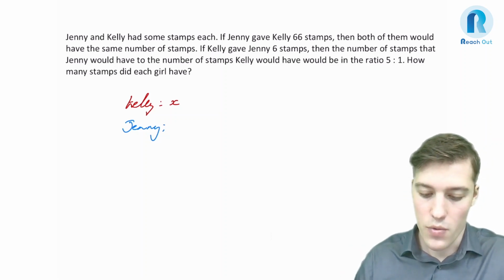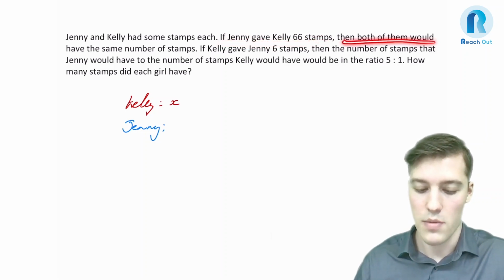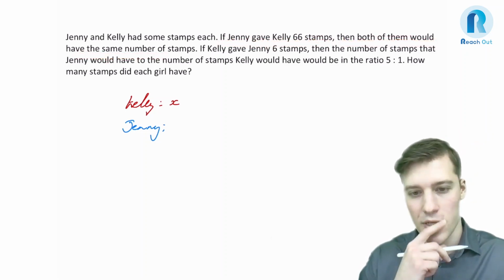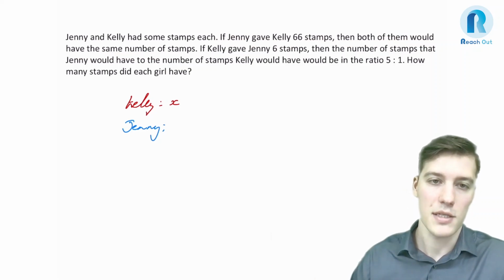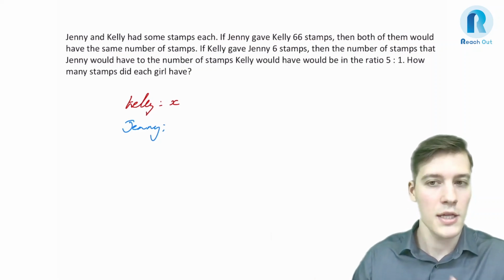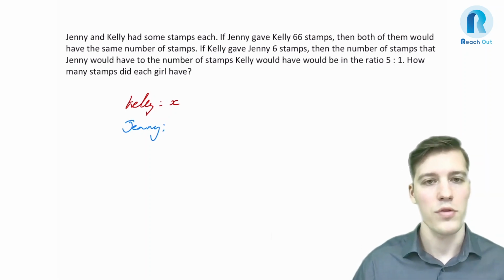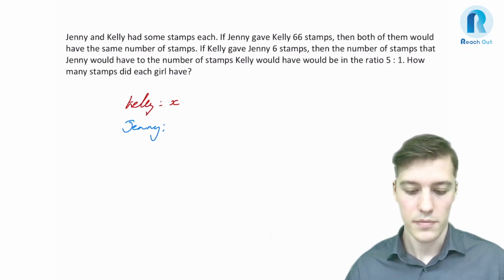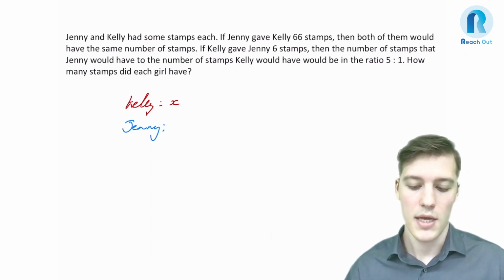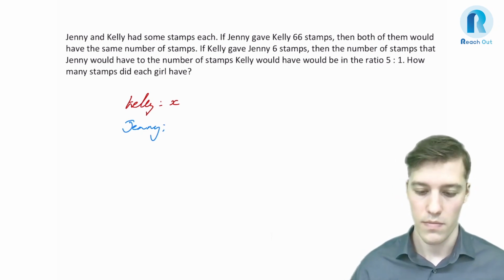Well, that is given away by the second sentence. If Jenny gave Kelly 66 stamps, then both of them would have the same number of stamps. So if you take Jenny's stamps minus 66 and Kelly's stamps plus 66, you get the same number. Both of them would be x. So that's essentially saying that Jenny has 66 times 2 more stamps than Kelly.